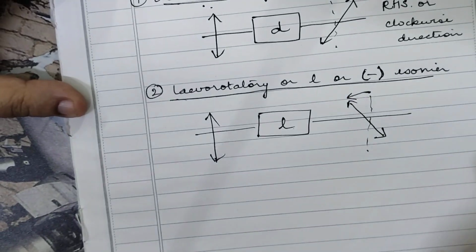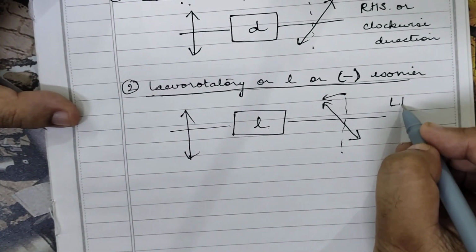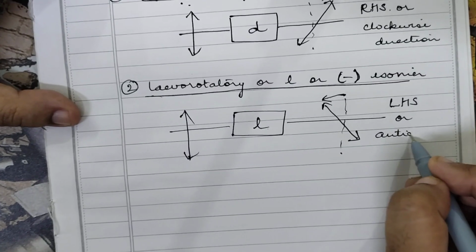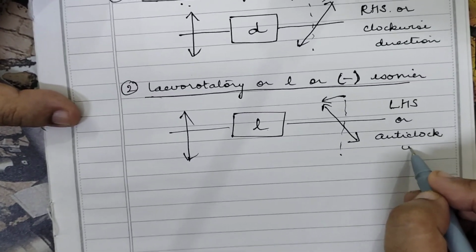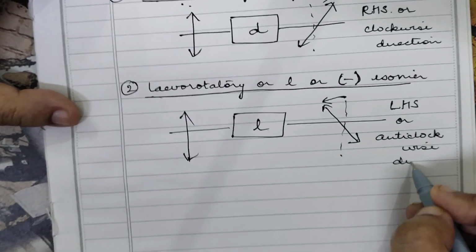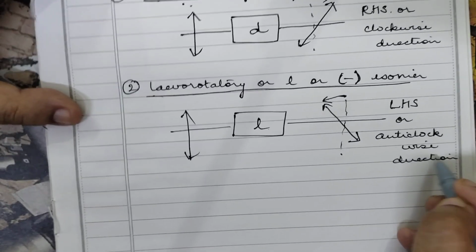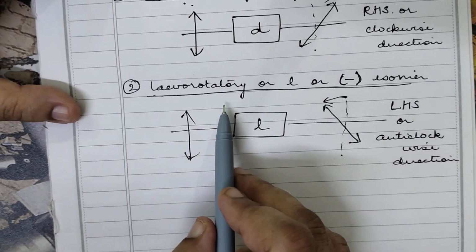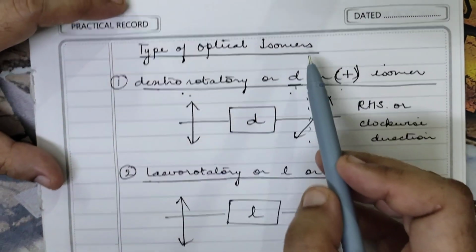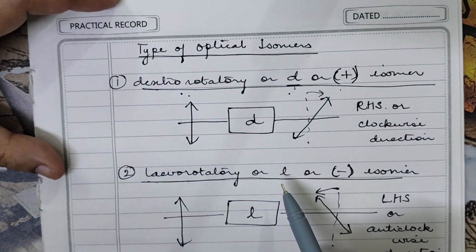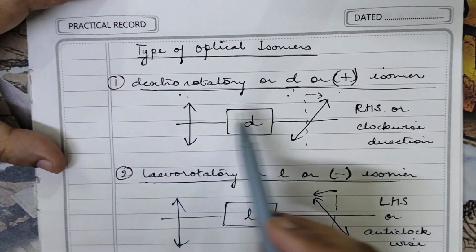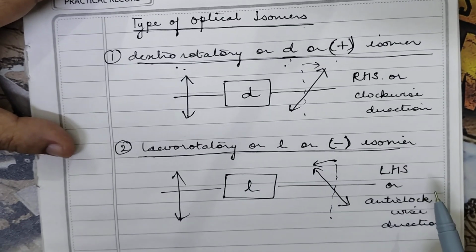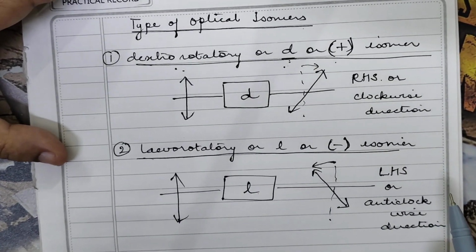Now it is rotated towards left hand side, or you can say in anti-clockwise direction. So levorotatory or dextrorotatory, there are two types of optical isomers. Dextro will rotate the plane towards right hand side and levo will rotate the plane towards left hand side.